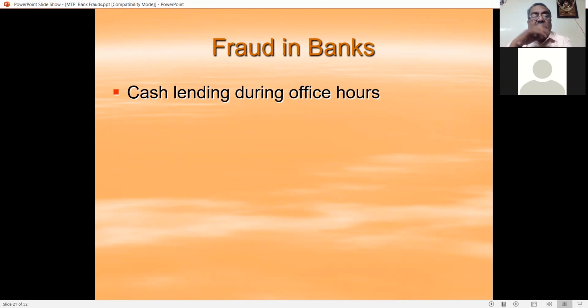Before going to that, I went to the cashier's cabin and asked the cashier to scroll and put a red line in a particular place. Sir, don't write anything below that. Please stop the operation because I have to go to the manager and get confirmation from him, and I want to check the cash balance.